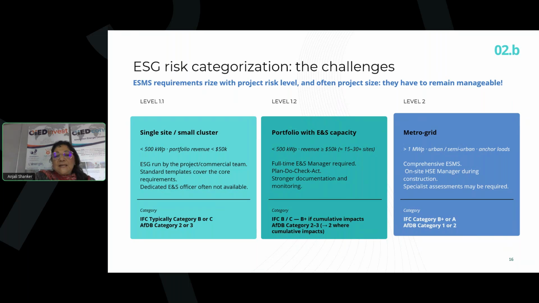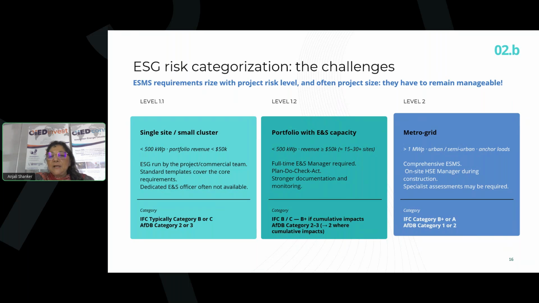We'll go into that later, but we propose to have a screening approach wherein if we know that we have a small portfolio, it's much better to exclude those sites which would entail high costs if the risks are considered high and if we feel that there is a risk that we move to a category B. Now, level 1.2, when we talk about a portfolio of mini-grids, here we are talking about revenues which are over $50,000 per month.